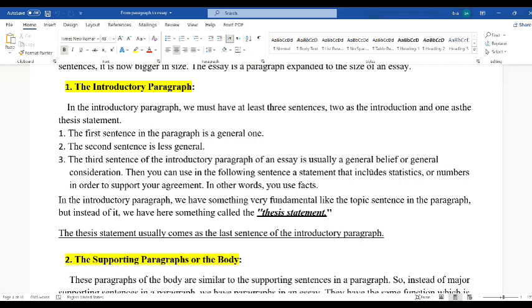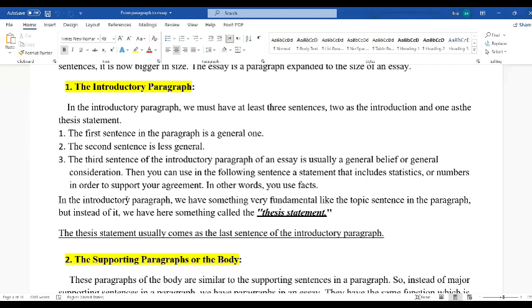For example, 30-40% of young people smoke around the world. So this is called statistics. When you give a number or percentage about a fact or about any topic, you are mentioning statistics. Statistics means إحصائيات.